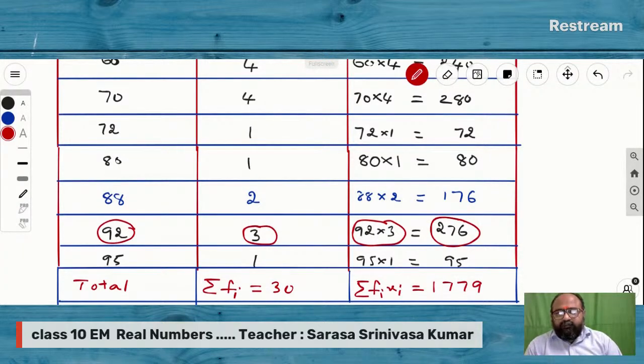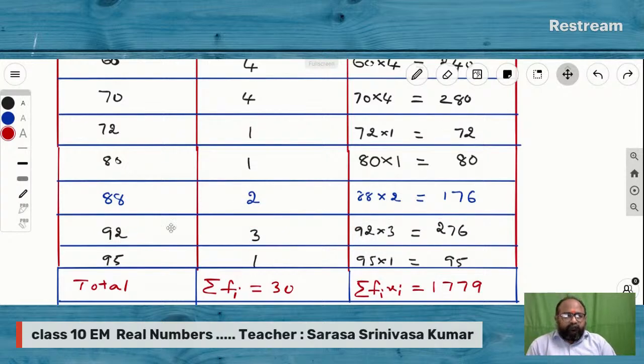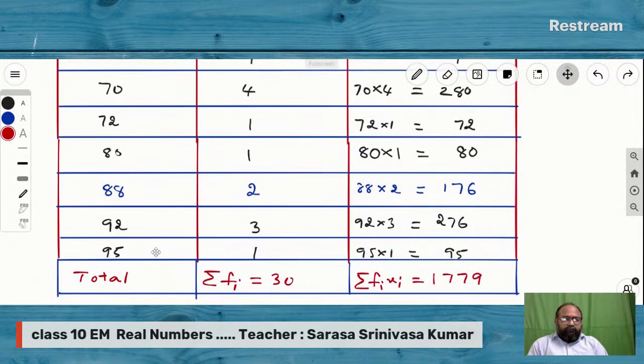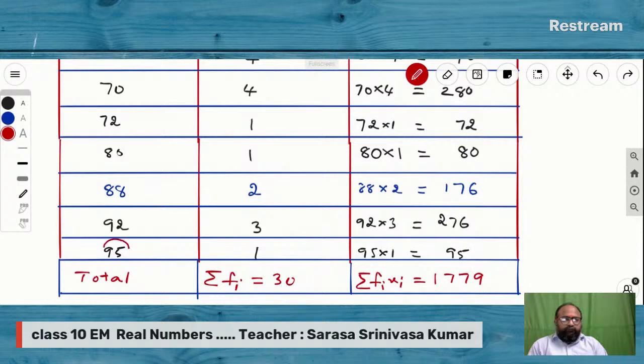We have written these in the third column. 95 marks are obtained by one student, so 95 multiplied by 1 gives 95.